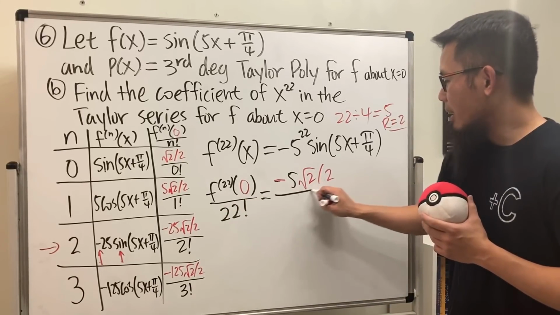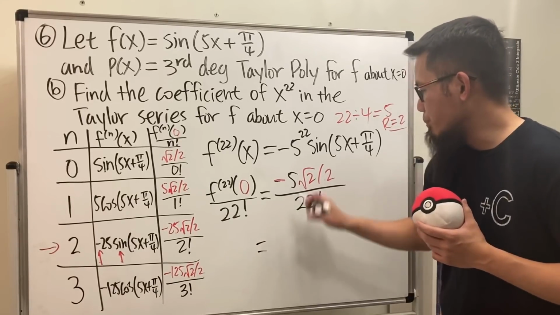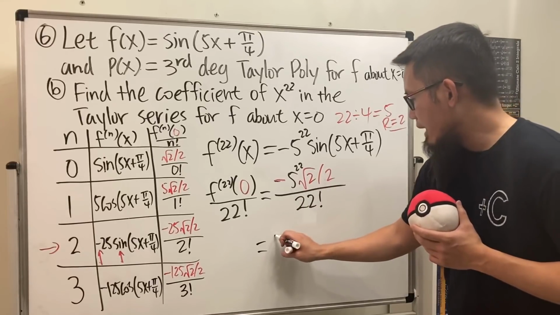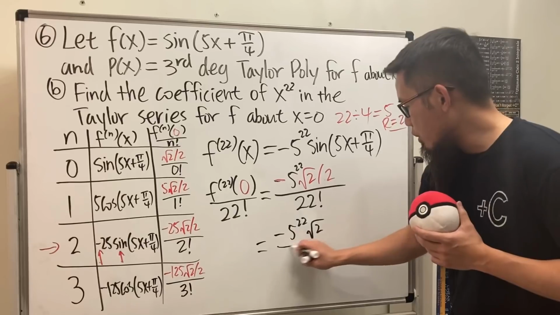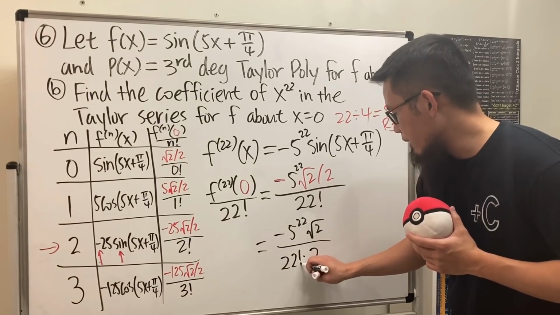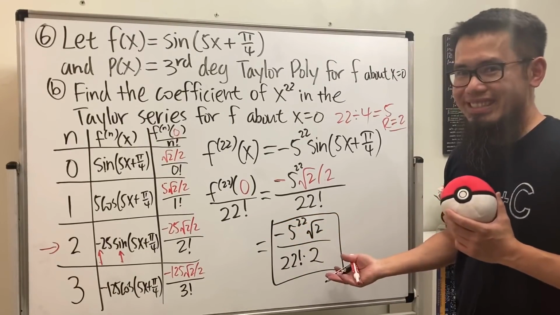And then divided by 22 factorial, and if you would like, we can put this in a nicer way. We have negative 5 to the 22nd power times square root of 2 over 2, and then here we have the 22nd factorial.